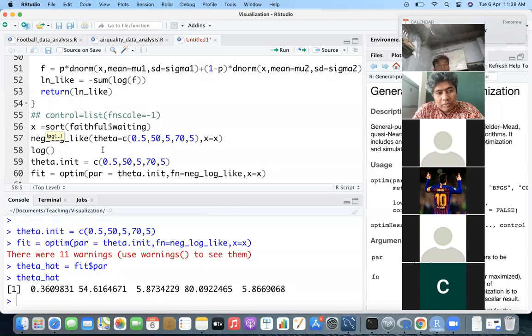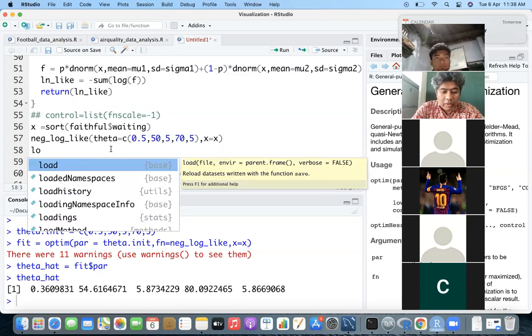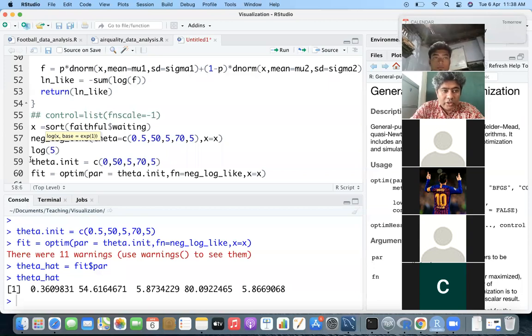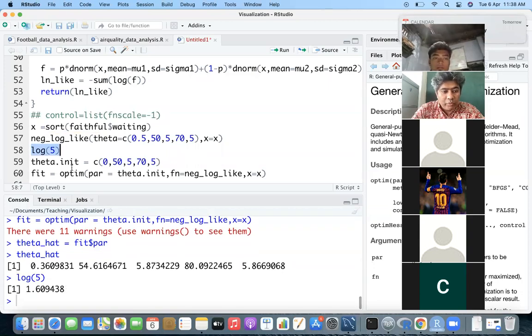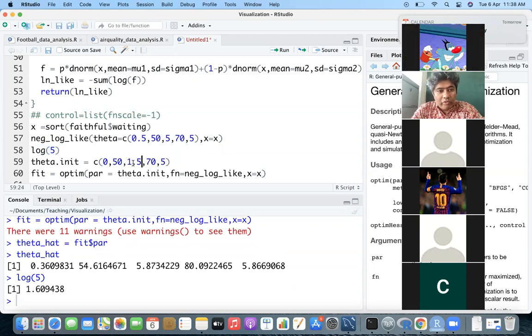Log of 1 is 0, 0.5 and 0.5 is 1, so it will be 0. And e to the power, log of 5 will be, actually that's a very good suggestion. We have to provide somewhat similar kind of thing. 1.5, 1.5. Yeah, this might actually help us.